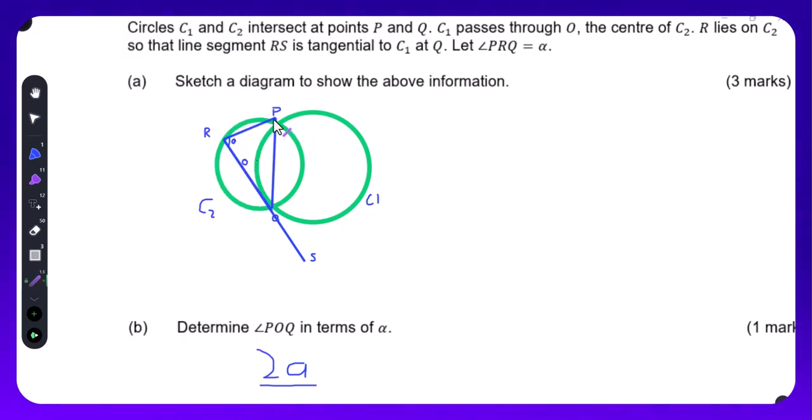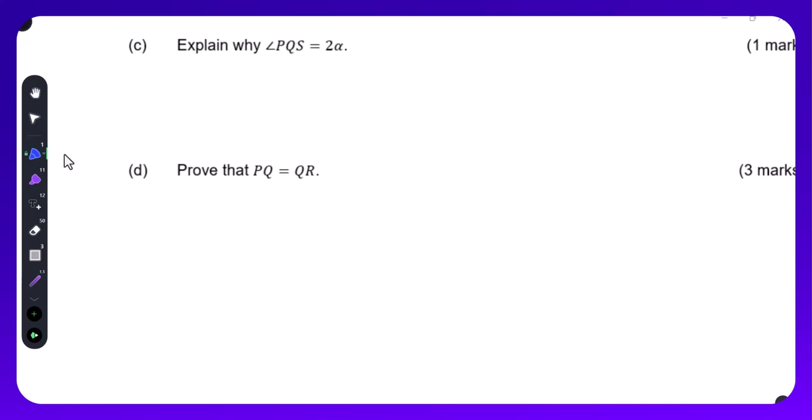If we go from P to there to here, that angle on the outside here is going to be the same as the angle here, because both the angles on the outside will be alternate to the angle that we established here, which we established was 2A from the previous question.